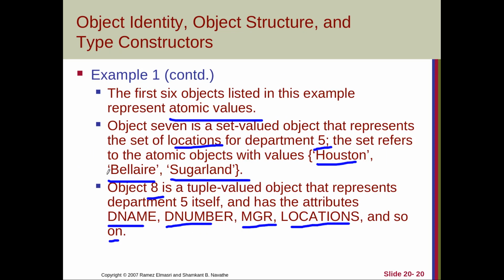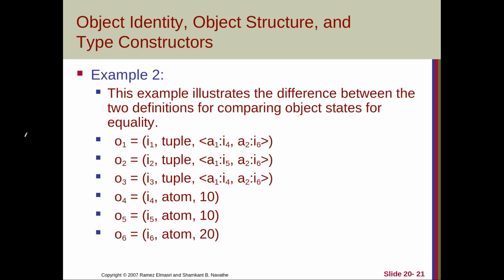Now we'll see one more example, a simple example to give 2 more definitions related to these object notations. The following example illustrates the difference between 2 definitions for comparing object states for equality. So how can we say that 2 objects are equal? Object 1: I1, tuple A1 colon I4, A2 colon I6.